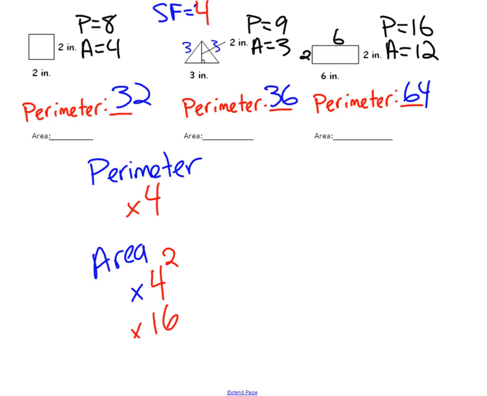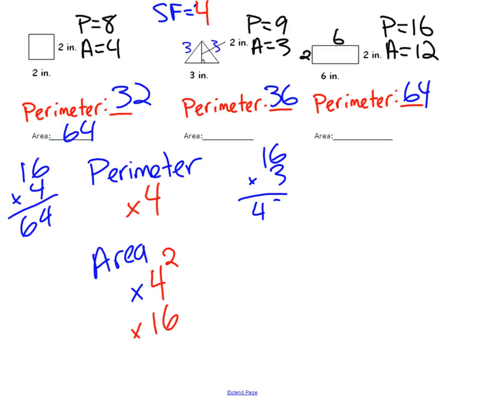So our area times 16, so what's 16 times 4? It's 64. Over here, 16 times 3. And then 16 times 12. Oh my gosh.